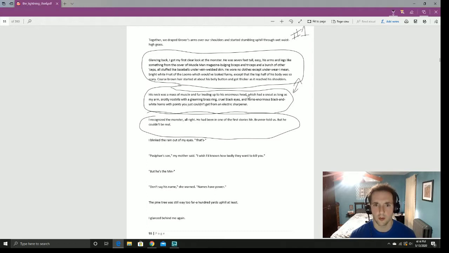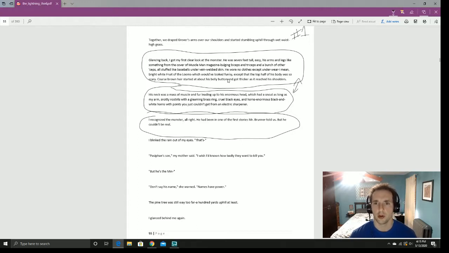In order to understand why the author includes this, we have to actually look behind it and in front of it. Behind it, again, I'll just read it quickly. It says, "Glancing back, I got my first cool look at the monster. He was 7 feet tall, easy, his arms and legs like something from the cover of Muscle Man magazine, bulging biceps and triceps and a bunch of other muscles all stuffed like baseballs under vein-webbed skin.